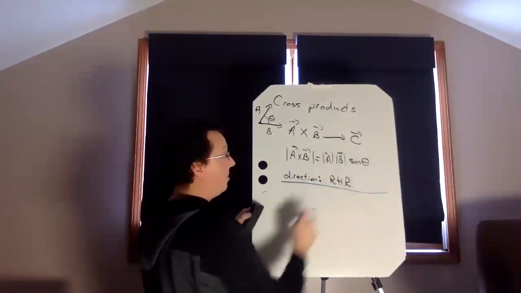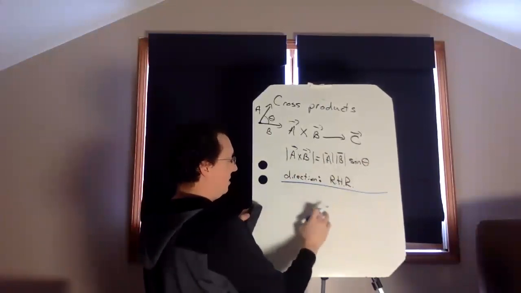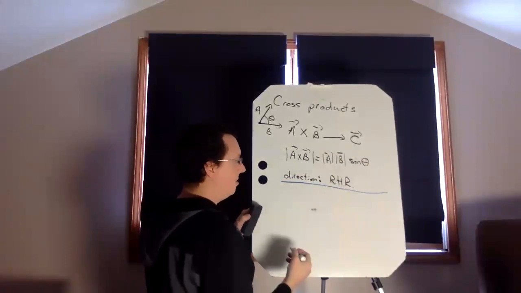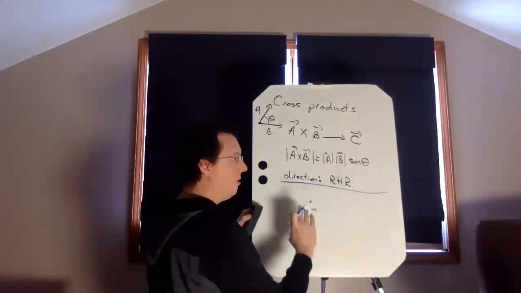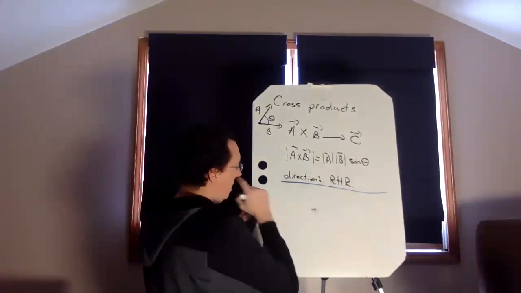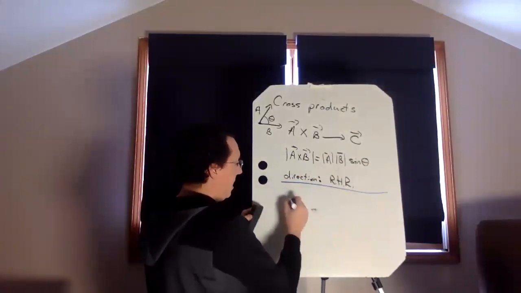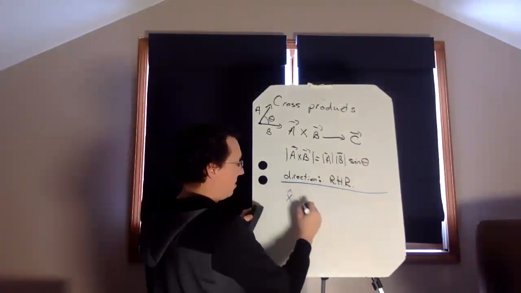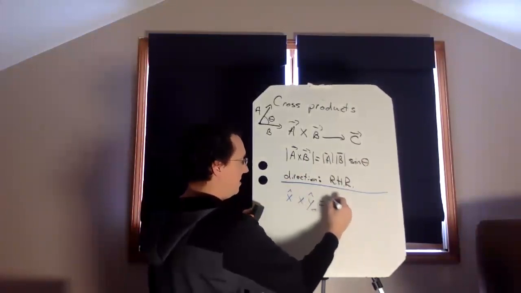So that's perfectly fine. To be a little bit more efficient, though, it's handy to have a computational set of results, so you can work it out in components and then quickly do some cross products. It turns out that x hat cross y hat equals z hat.